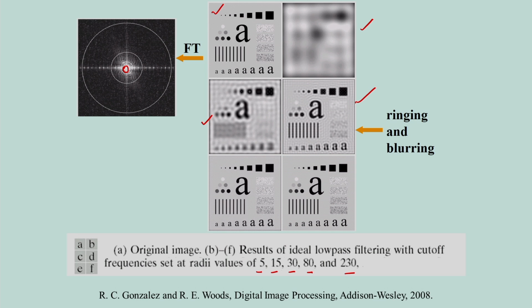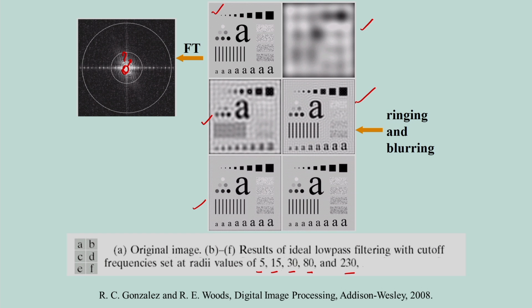That means I am continuously selecting the low frequency information and also some high frequency information. That means I am increasing the size of the circle. So, this is the circle here, and I am increasing its size like this. If I consider a radius of only 5, the image will be completely blurred, and if the radius is something like 80, then the blurring will be less.